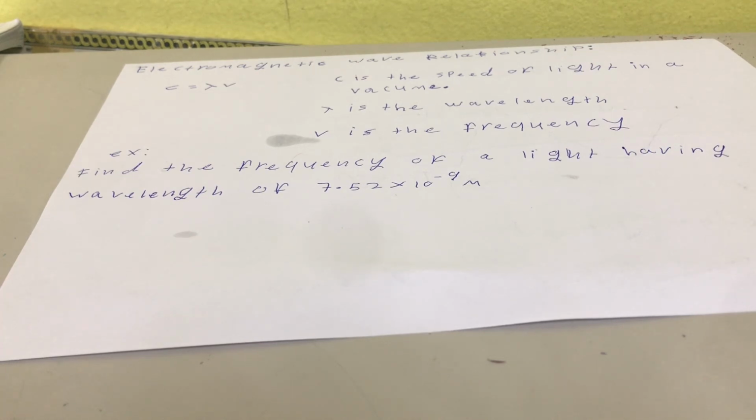Example: find the frequency of a light having a wavelength of 7.52 multiplied by 10 raised to the negative 9 meters.